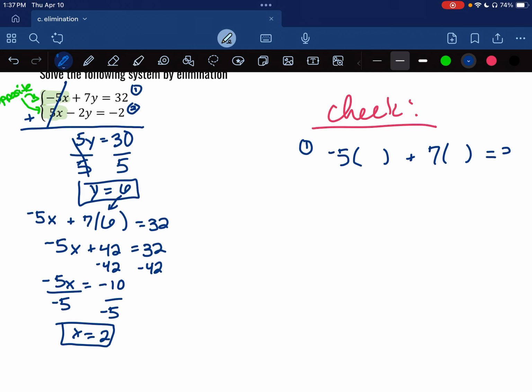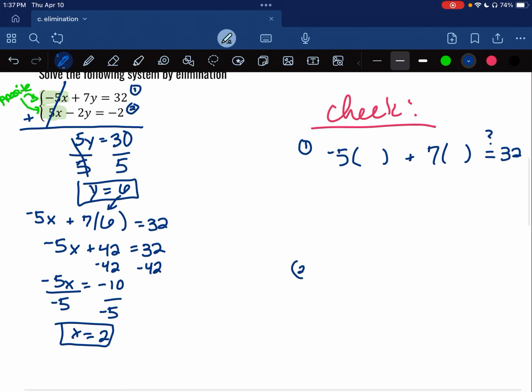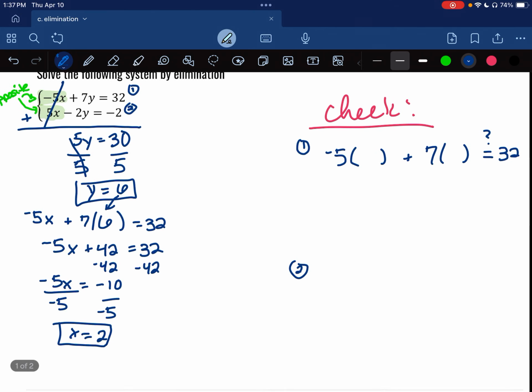And we use this little question mark over the equal sign because we hope it ends up being equivalent, but we're not quite sure yet, right? So we've got to check that out. So let's plug these in. Remember, we're using 6 for y and 2 for x.